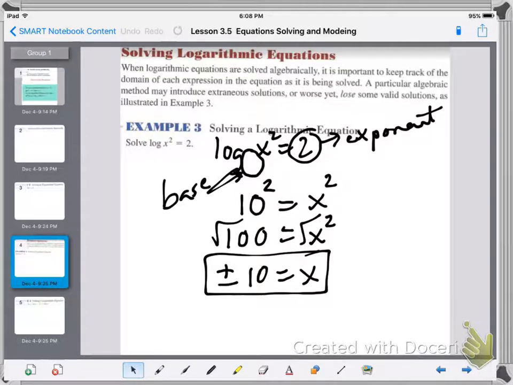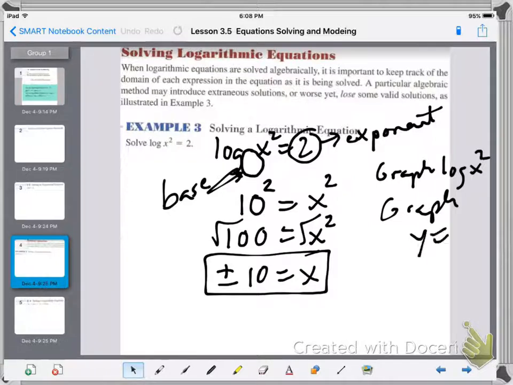Okay? It says up here that a particular algebraic method may introduce extraneous solutions, or lose some valid solutions. Now, to verify, if you graph log x squared and you graph y equals 2 and find the points of intersection, hopefully there are two of them.